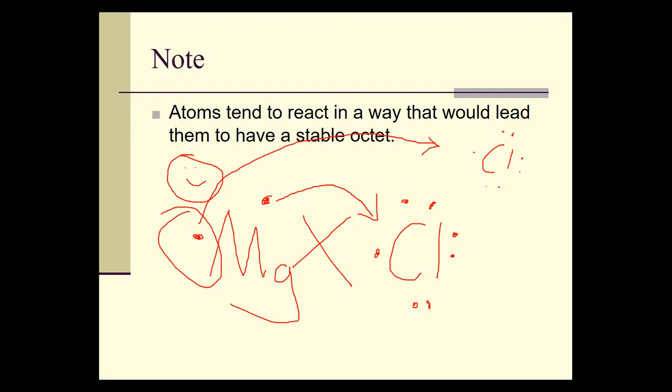If it gets rid of both of these, it doesn't matter if it goes to 1 atom or 2 atoms. If it gets rid of both of them, then it becomes happy. So again, this is just to show that atoms are going to tend to react in a way that makes them more stable. Okay, so if it was just the magnesium and 1 chlorine, it's not going to work because that would leave that leftover valence electron. But if we double the amount of chlorine that we're adding, all of a sudden now this starts making sense.